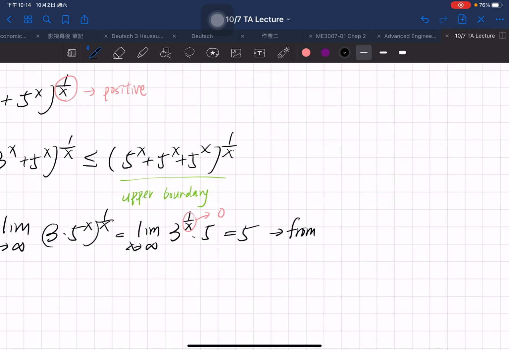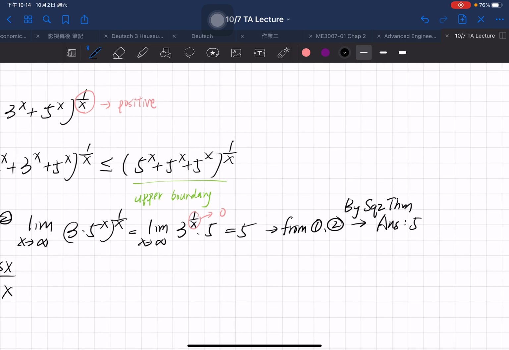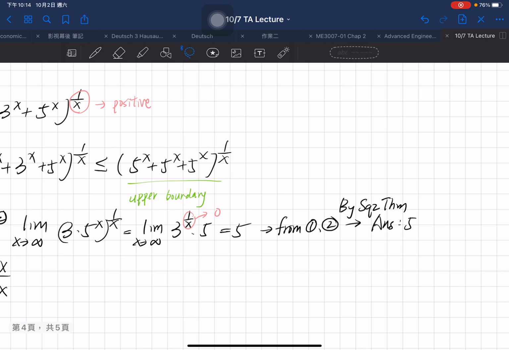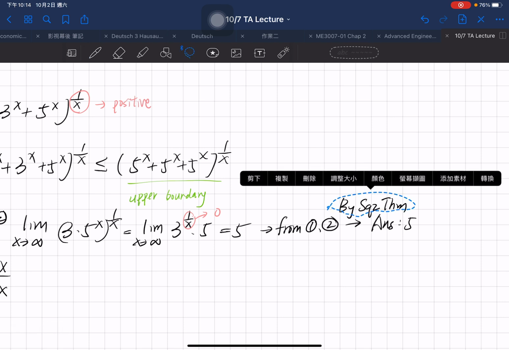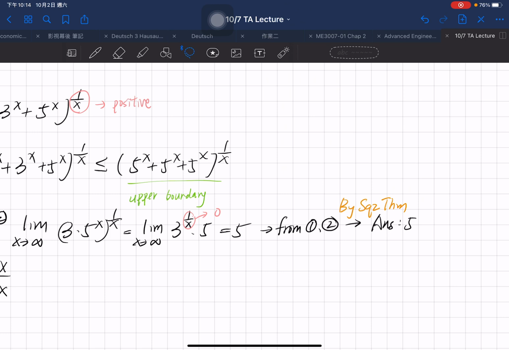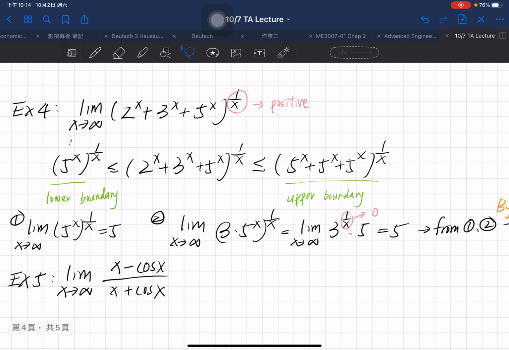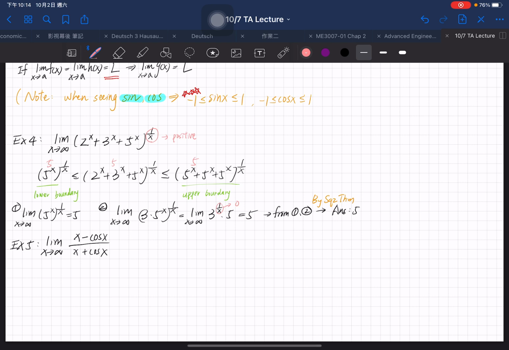From our lower and upper bounds, we know that the answer is 5 by the squeeze theorem. By the squeeze theorem, because you get 5 here and you get 5 here, this limit will also be 5.